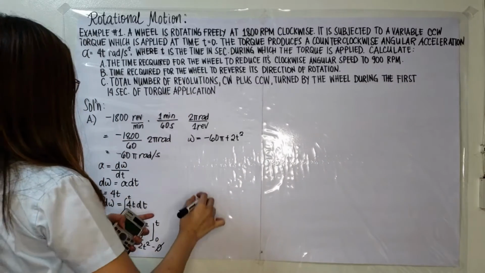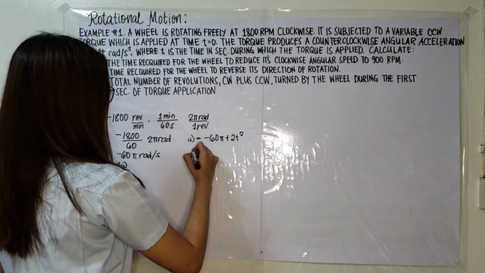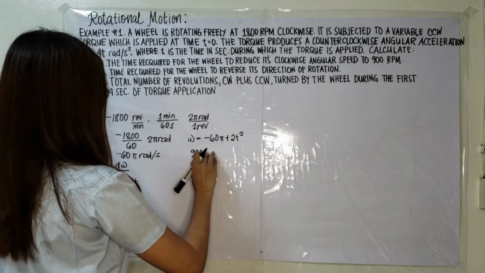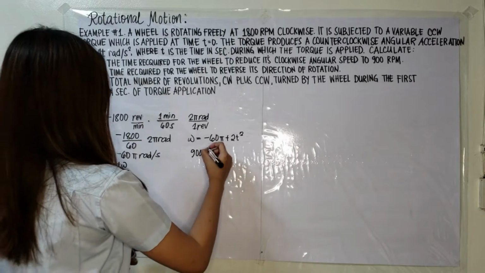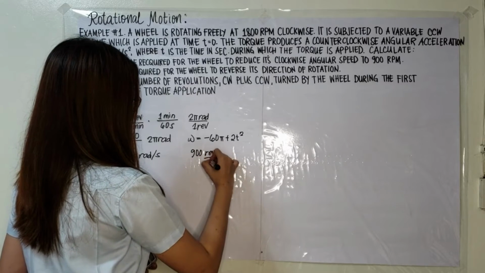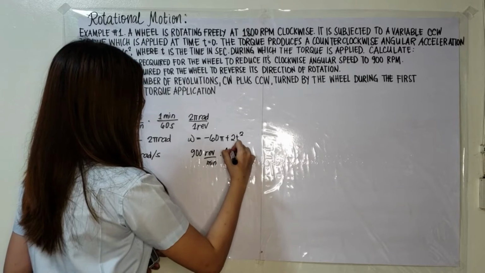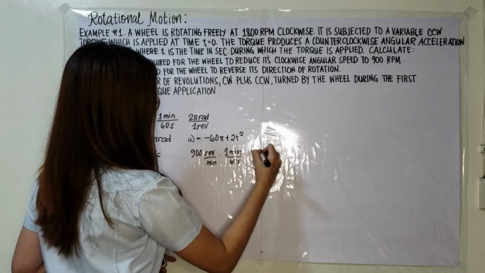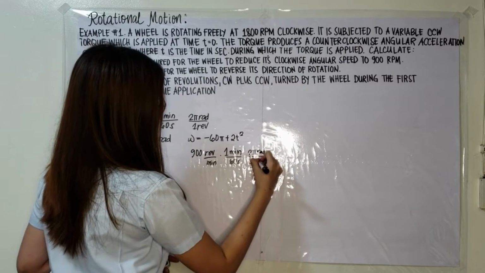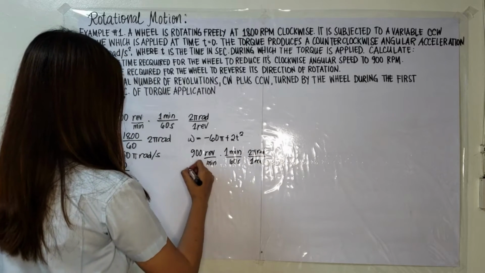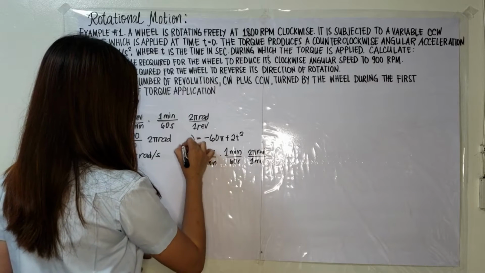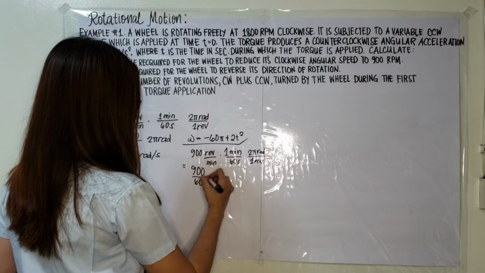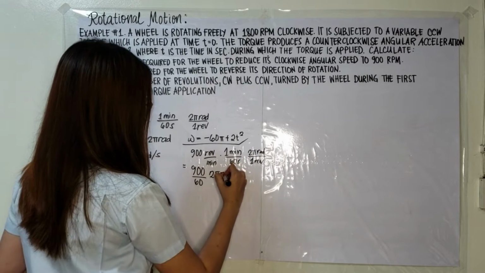We are going to convert the 900 RPM to rad per second. Over 60 seconds, 2 pi rad per 1 revolution. So we have 900 over 60 multiplied by 2 pi rad.